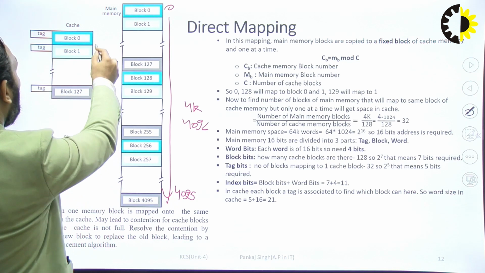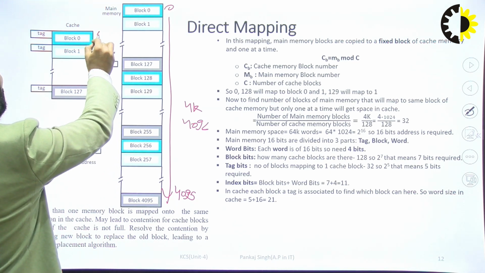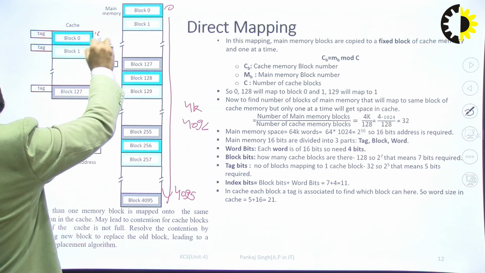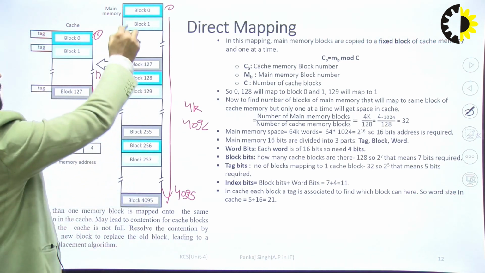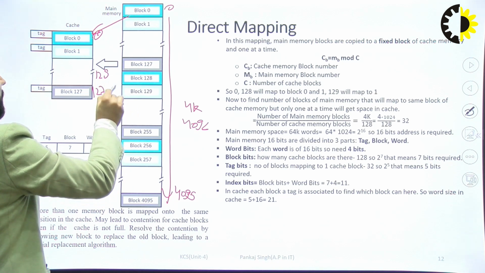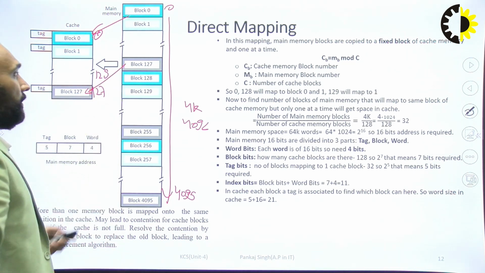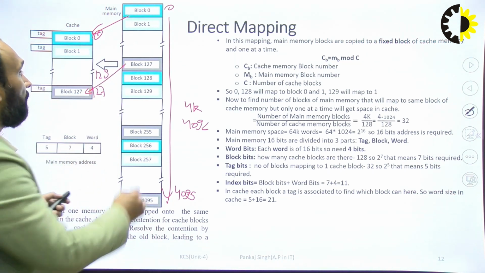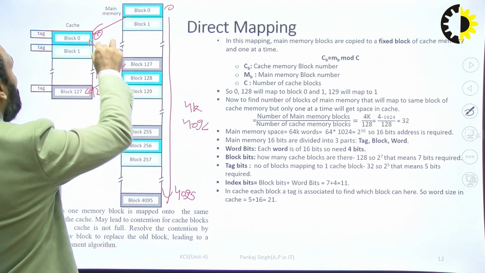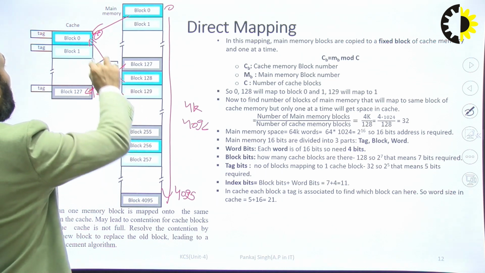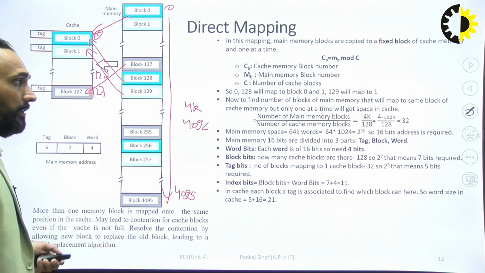Likewise, we have cache memory blocks 128, from 0 to 127. Blocks 0 to 127 are allocated to their locations. After that, the same process starts: 128 will be allocated to 0, likewise 129 will be allocated to block 1, and so on.